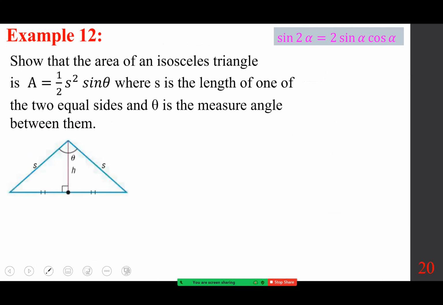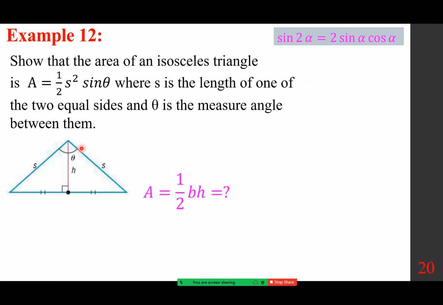Show that the area of an isosceles triangle is A equal to 1/2 S squared sine theta, where S is the length of one of the 2 equal sides, and theta is the measured angle between them. So here's the side S, and here's the angle theta. And we know the area in general is 1/2 base times the height.